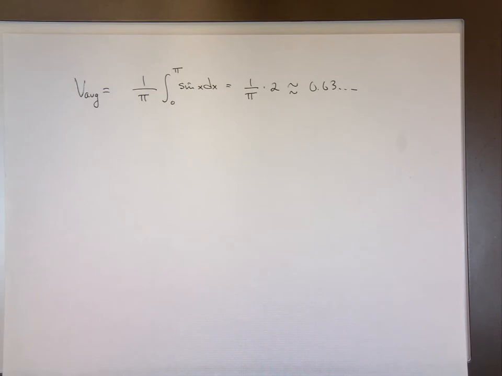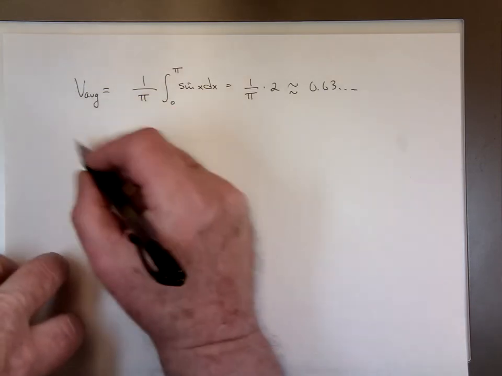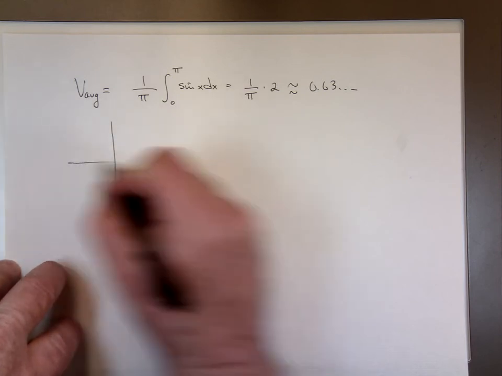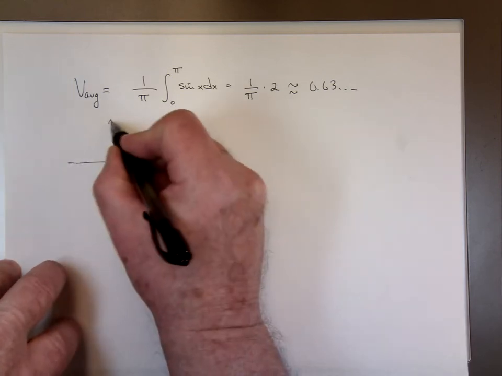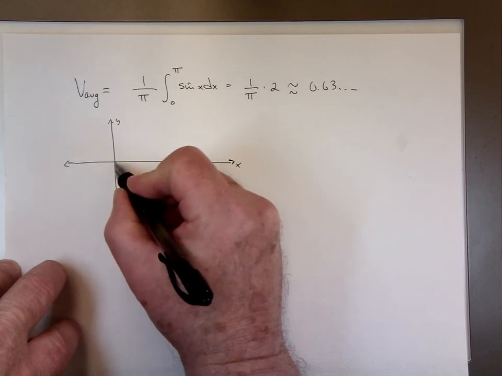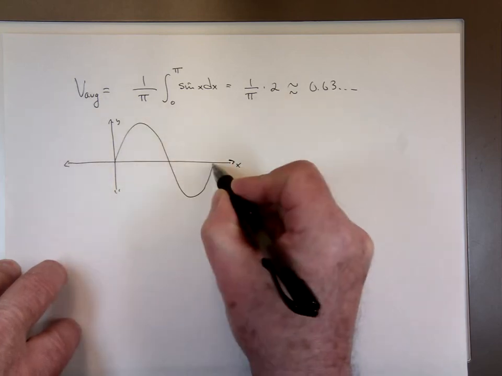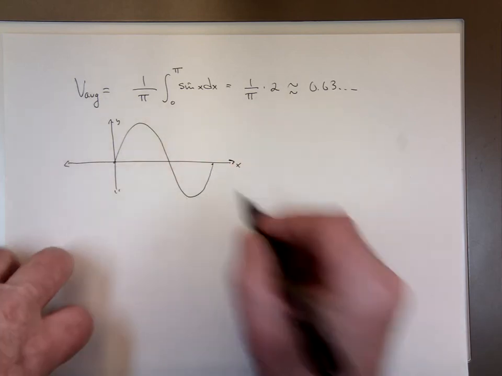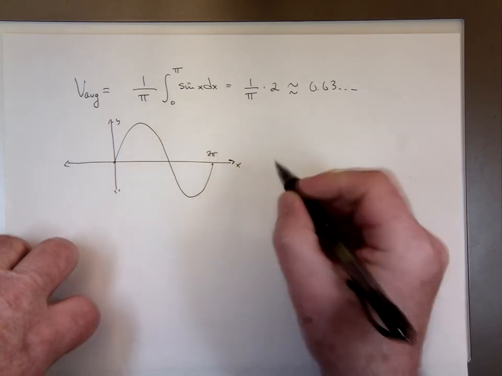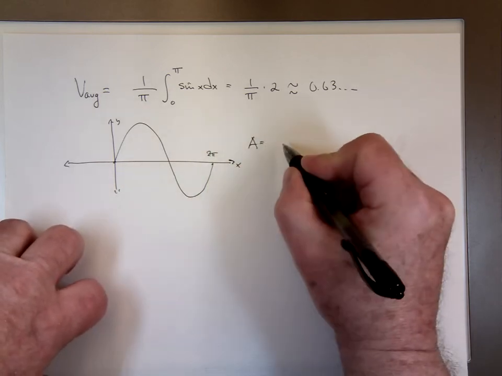Let's do Jacob's question. Let's find the area of sine over this interval. The area is equal to the integral from 0 to 2 pi of sine x.